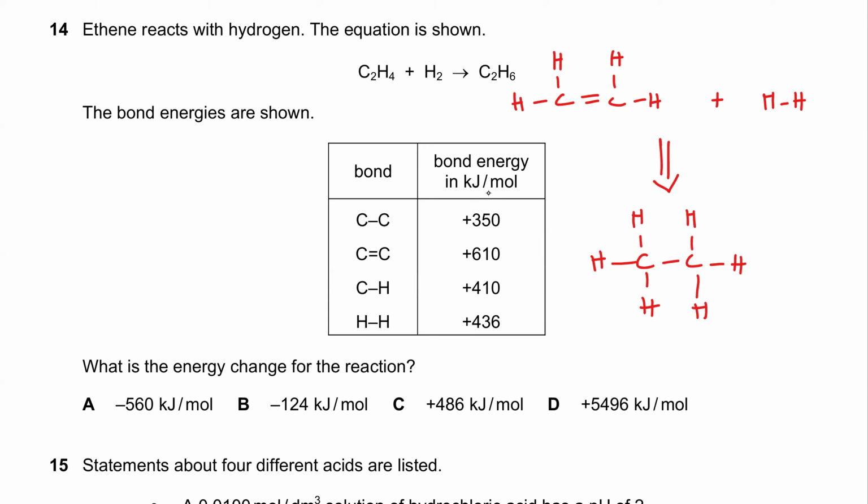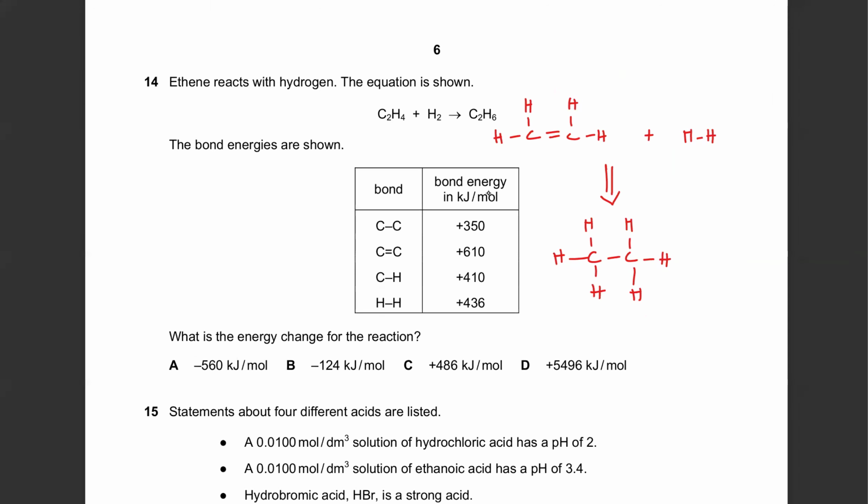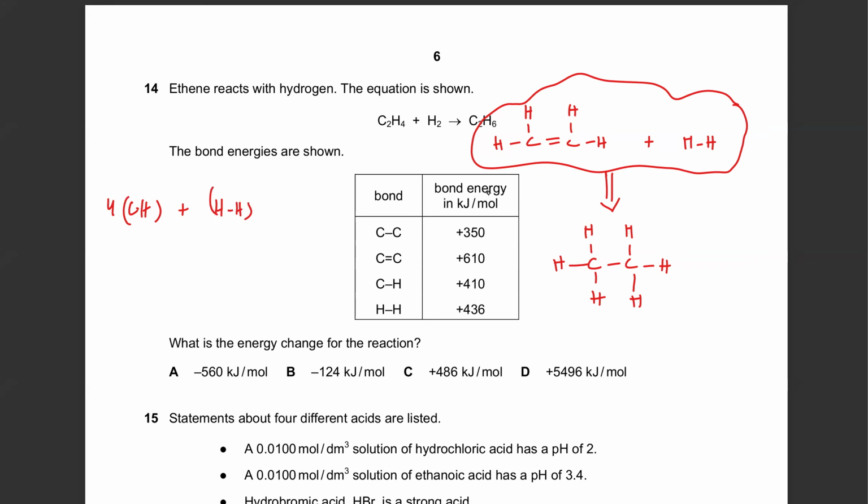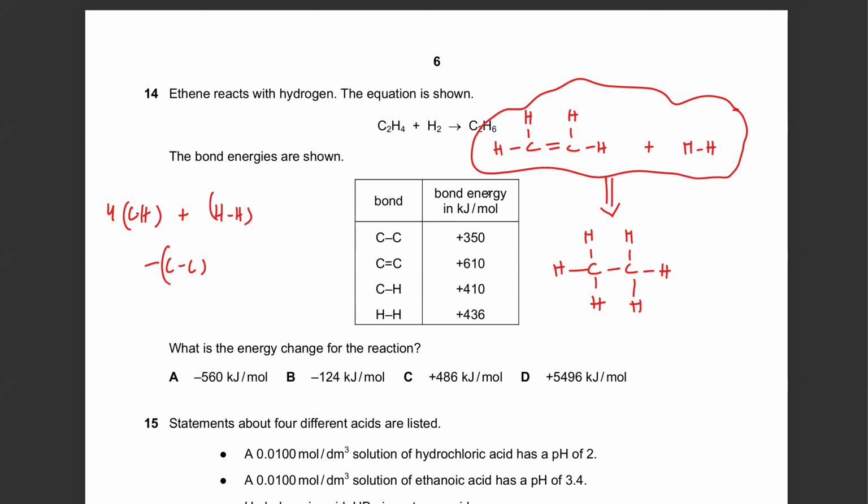Tell me how many bonds to break, all the bonds, and form all the bonds. How many C-H bonds will you break? So 4 C-H, 1 H-H, and bond formation is exothermic. So you're going to form one C-C bond, and you're going to form 6 C-H bonds, right?